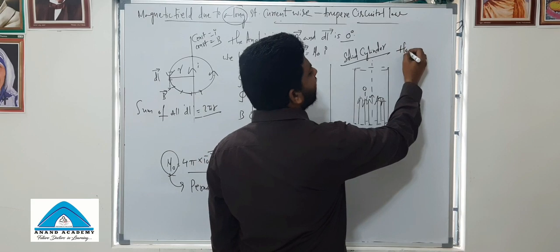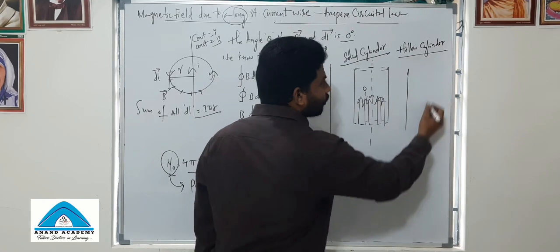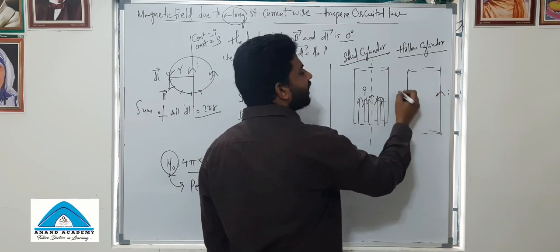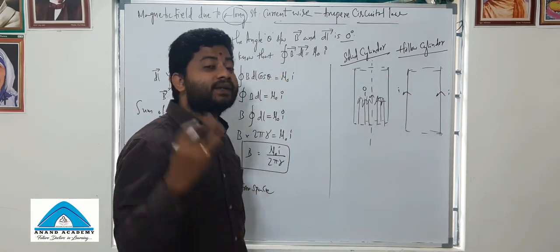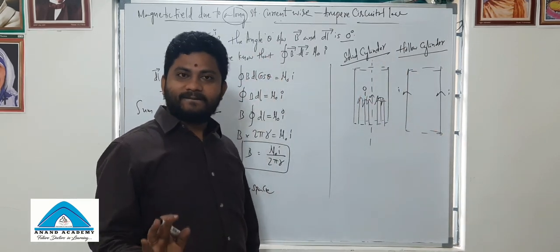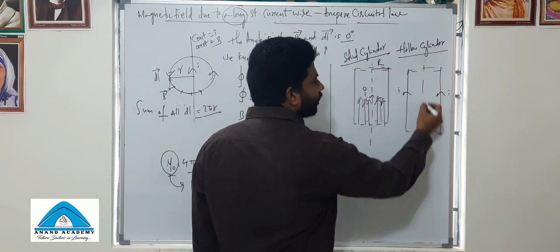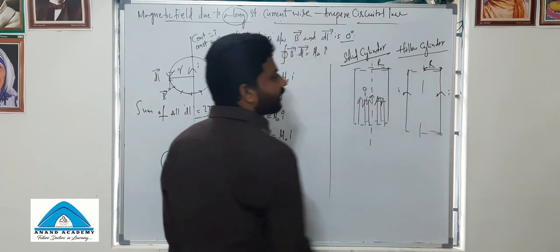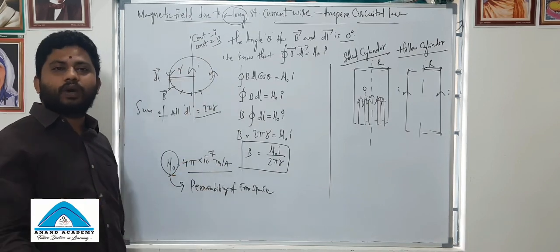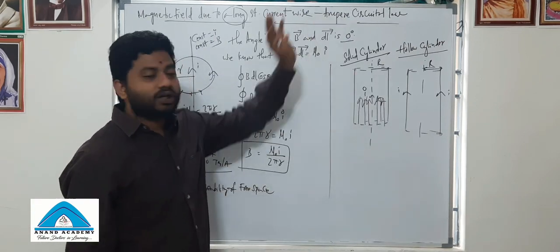For example, if I say hollow cylinder, here is how the current flows. This is the hollow cylinder. Here the current is flowing only on the surface of the cylinder because there is no matter inside. It is a hollow cylinder. Current is flowing here and here. Okay, clear? Now, here you can see the radius of this cylinder is R. So here also the radius of that cylinder is R. Here there is no radius you can mention because it is a very thin, straight, long current carrying wire, but these are thick, straight, cylindrical shaped current carrying wires.